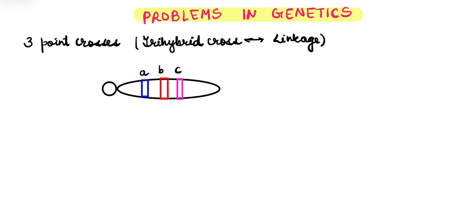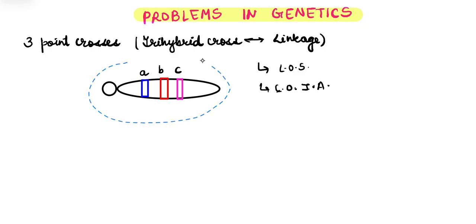Now we have learned Mendel's laws. According to Mendel's laws, there is the law of segregation, and another law, the law of independent assortment. So according to the law of independent assortment, what should happen while this is being crossed?